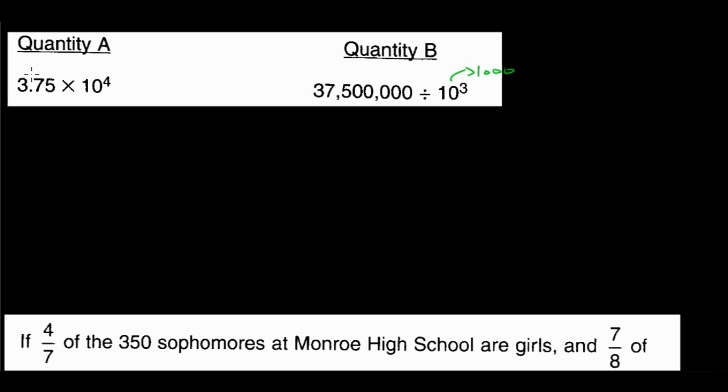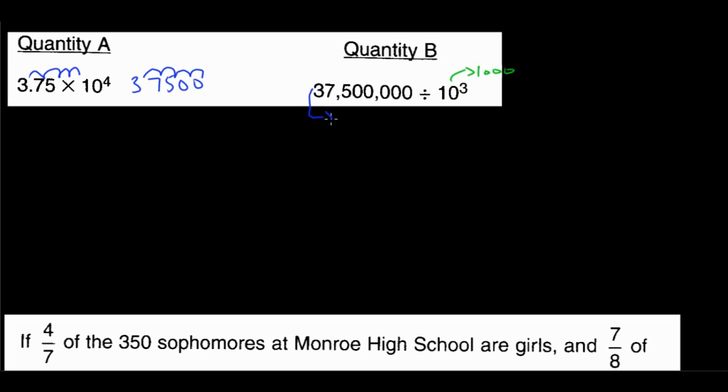We can just move the decimal around. 10 to the 4 means you have to move it 4 times. You're multiplying, so you move it to the right 4 times. 1, 2, and there are no more digits, so you'll just put zeros. So you'll get 37,000. That's what you did, so you got 37,000.